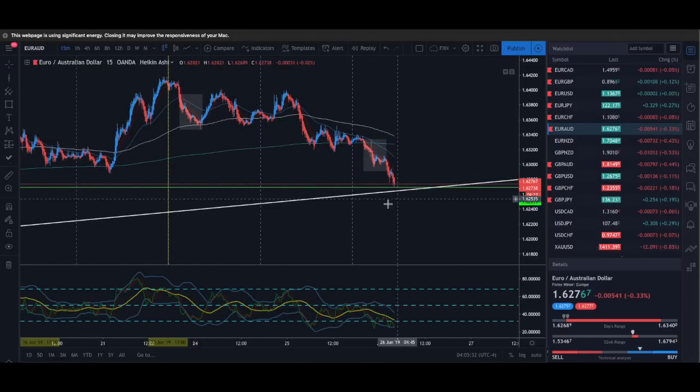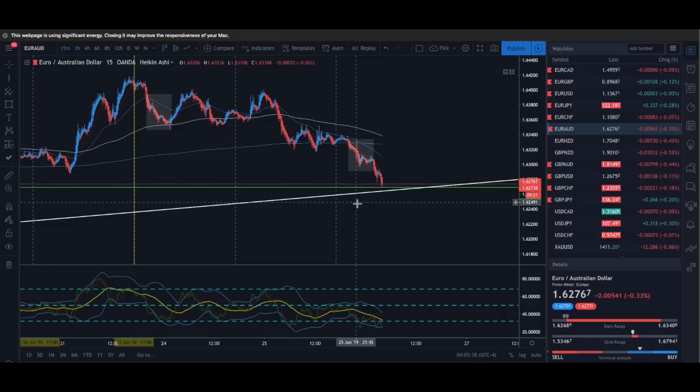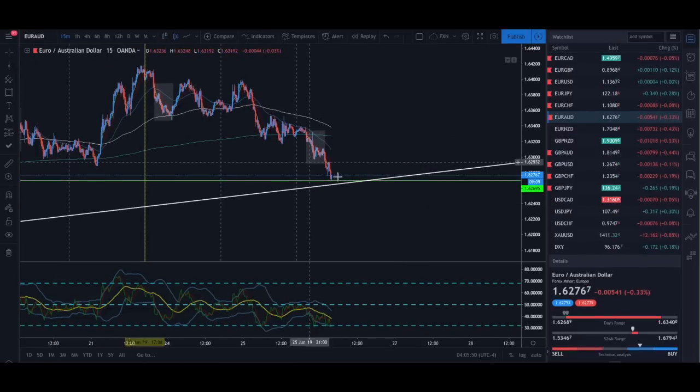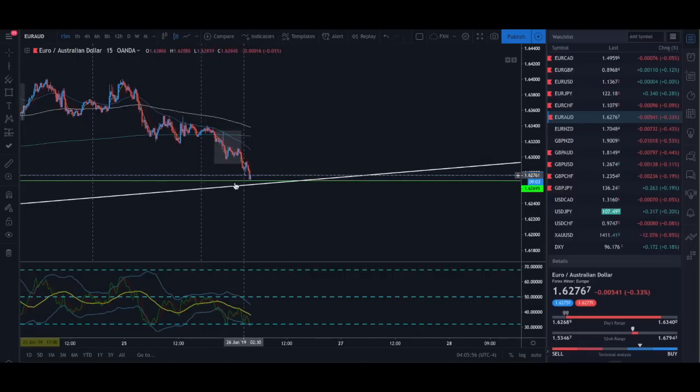And that's what it comes down to, guys. It's having the patience and going through each individual one, letting it play out, and seeing what it gives you.